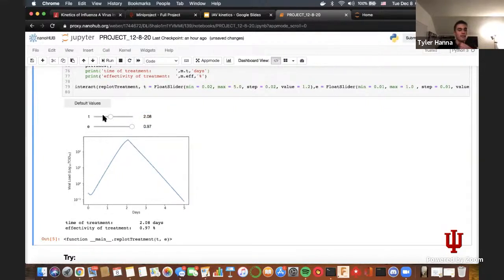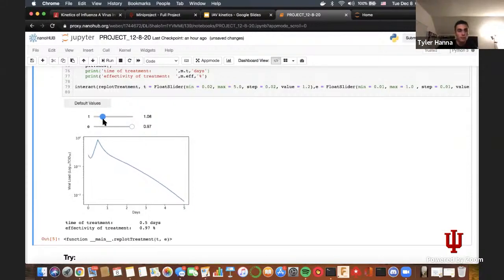So here we notice that the later the treatment is administered, the higher the viral load peak is. And this is consistent with the treatment I mentioned in the background of influenza. The earlier the treatment is administered, the more you almost have no viral production. It's right about 0.